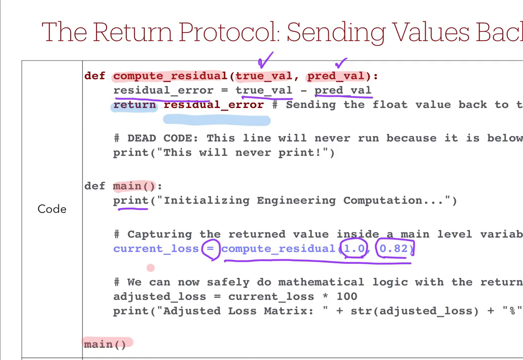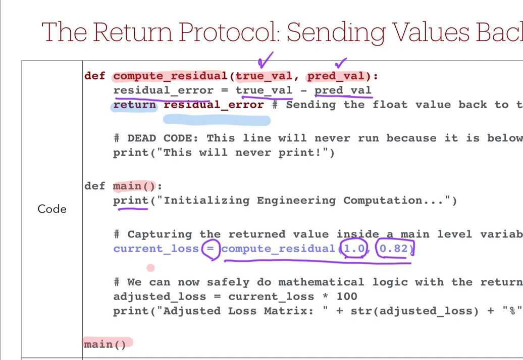Return is followed by one variable, so this function will return one value. The value of residual error will be returned. If you want to return multiple values, you need to separate those values with commas. But in this case, I have only one variable name, residual error, so its value will be given to the caller.